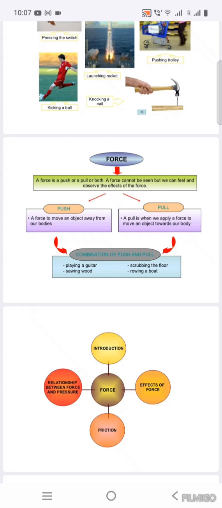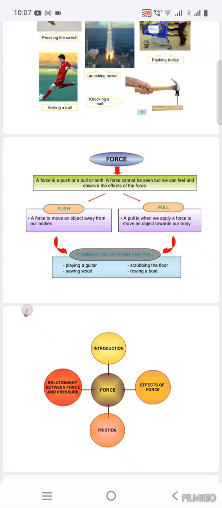When we are pushing the trolley, this is an example of push, and when we are dragging something by a rope, that is an example of pull. A pull is also a force which moves an object towards our body.